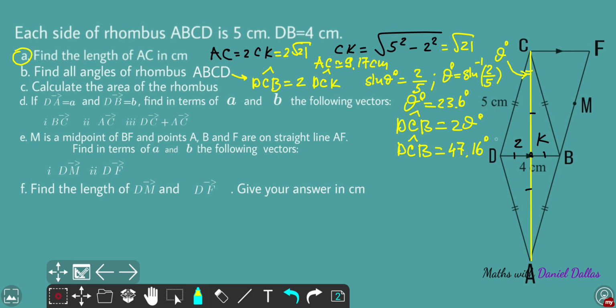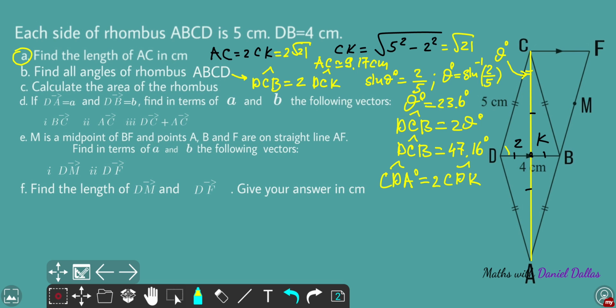And next part, we need to find angle CDA. CDA is going to be twice the angle CDK. If we find angle CDK, we can find CDA by doubling.